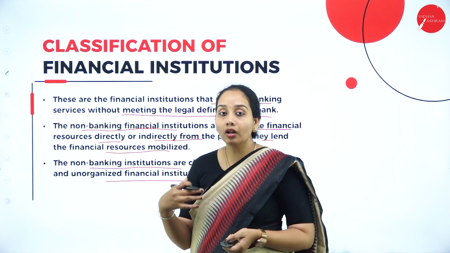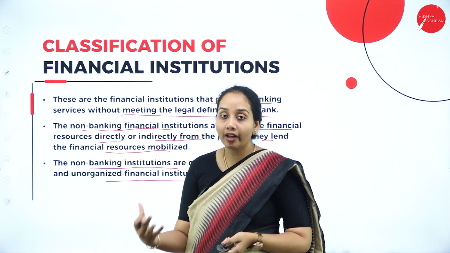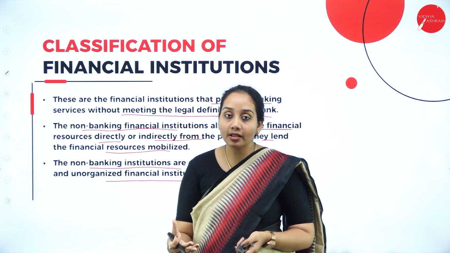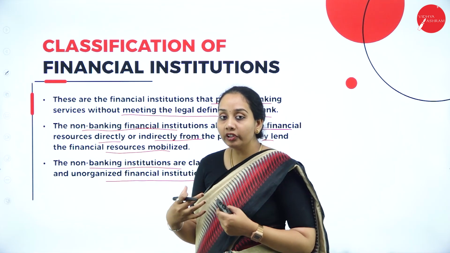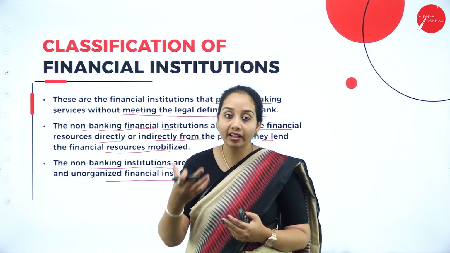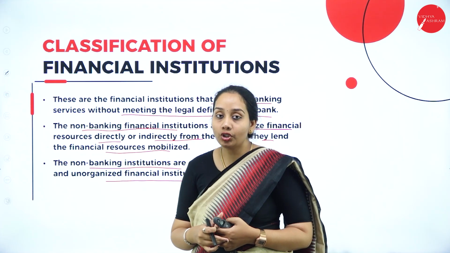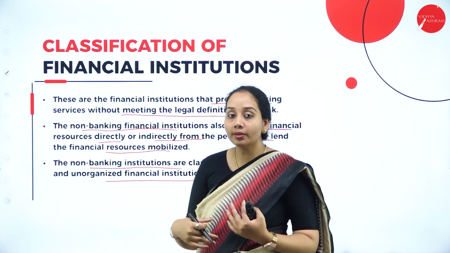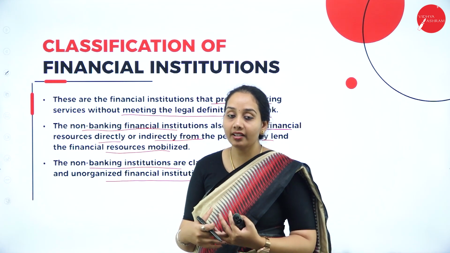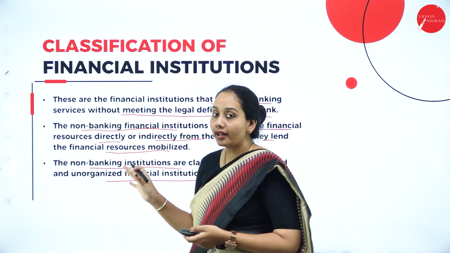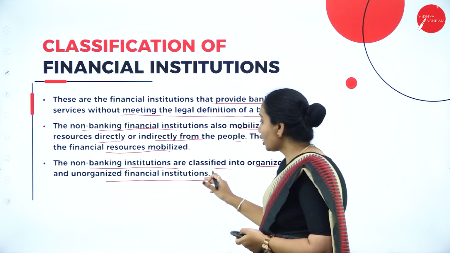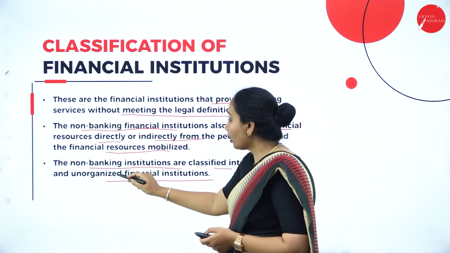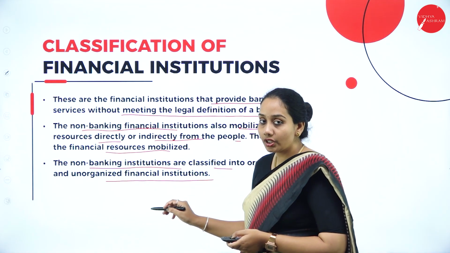LIC is an insurance corporation that accepts the premium from the insurer, pools the money, and later gives back the money to the insurer after the maturity period. So they don't provide banking services, but they also accept money from the people. Non-banking institutions are classified into two types, organized and unorganized financial institutions.